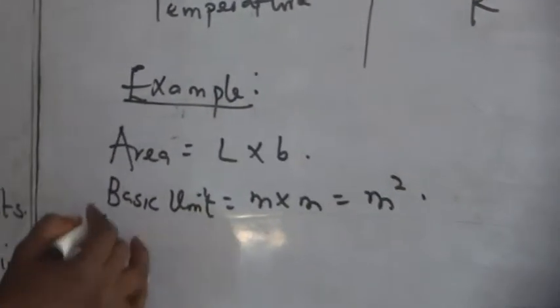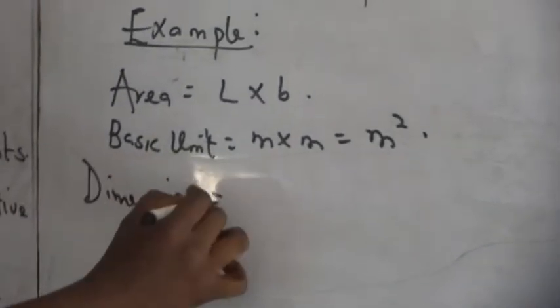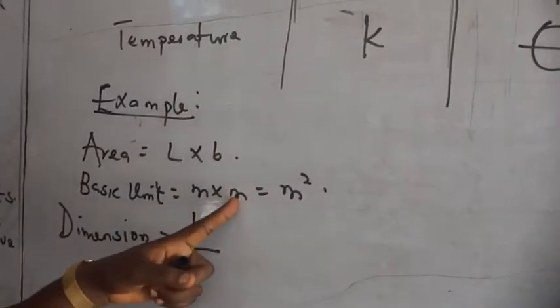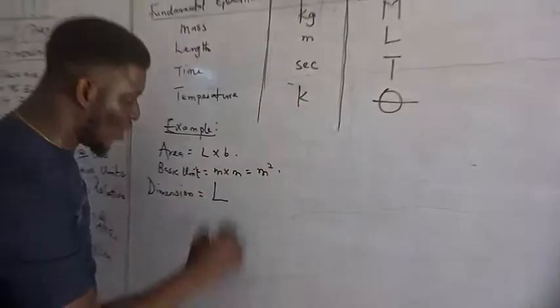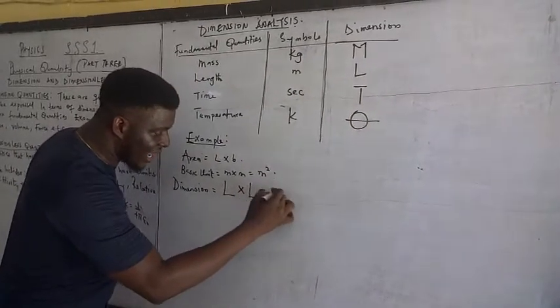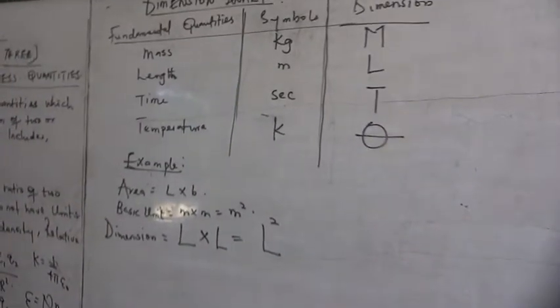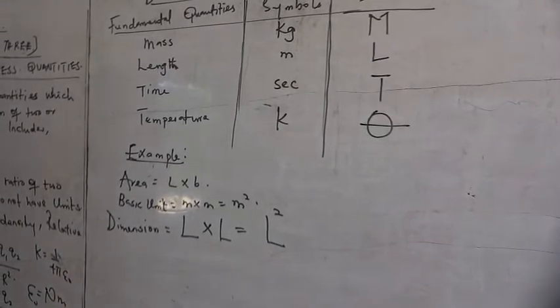Now let us look at the dimension. Length has capital letter L, and breadth, also meters, has capital letter L. Then our dimension is L squared. You can't escape these kinds of questions.